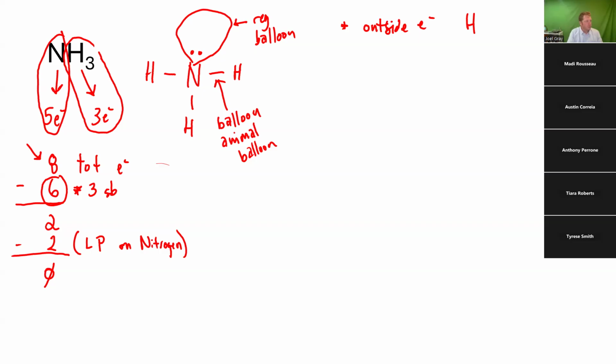So this lone pair of electrons is going to repel here and here. So let me draw this a little bit differently. It's going to look a little more like this. And we're going to revisit this stuff in a couple of days when we talk about geometry.